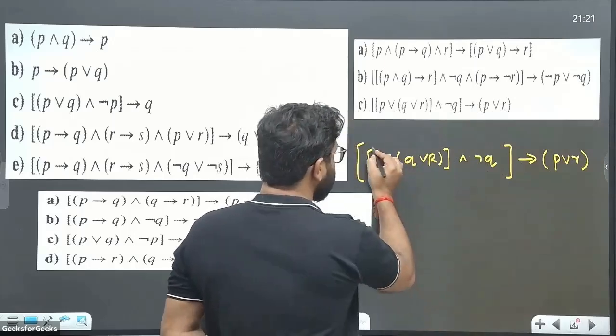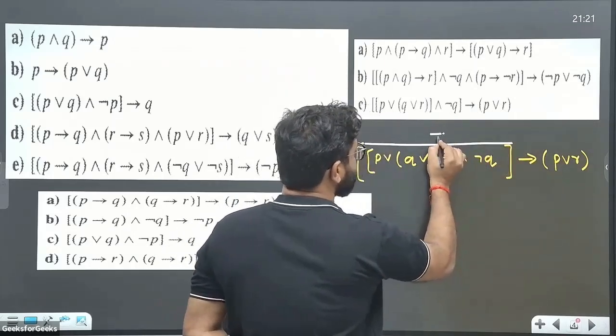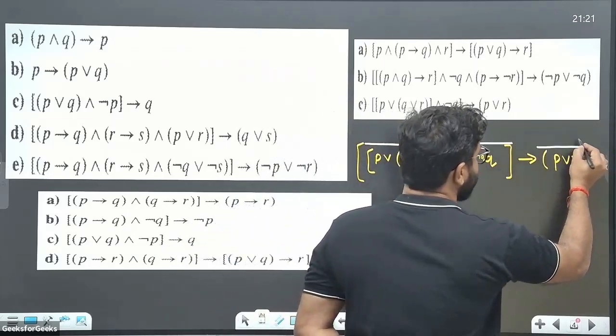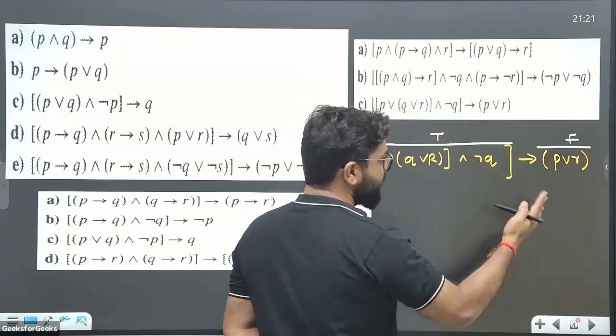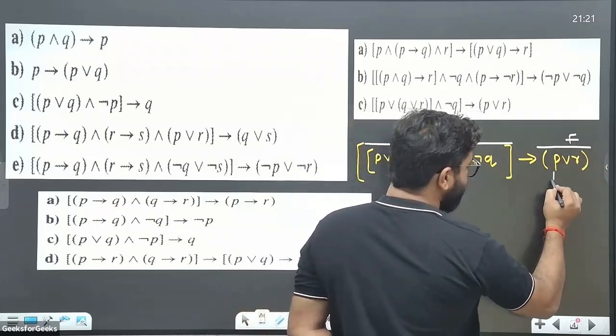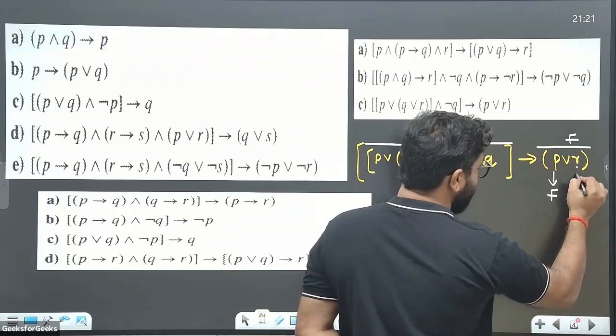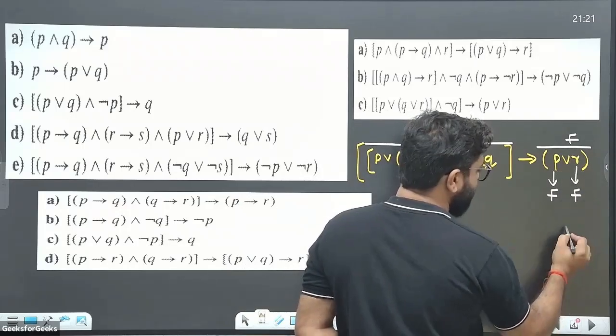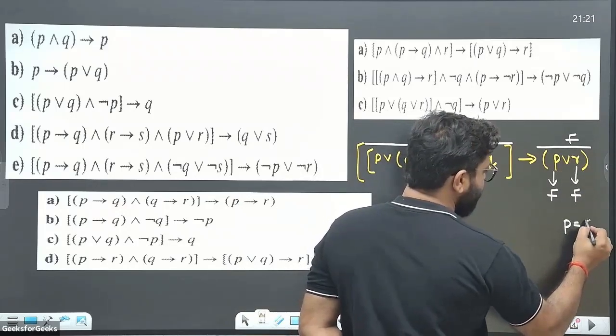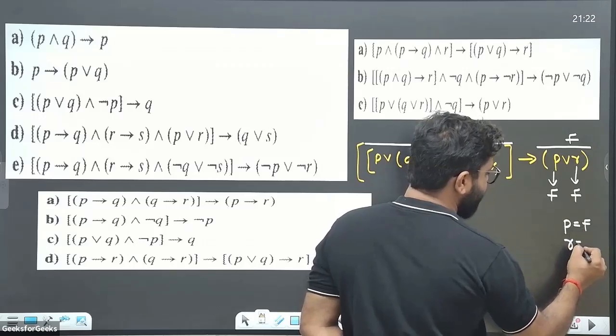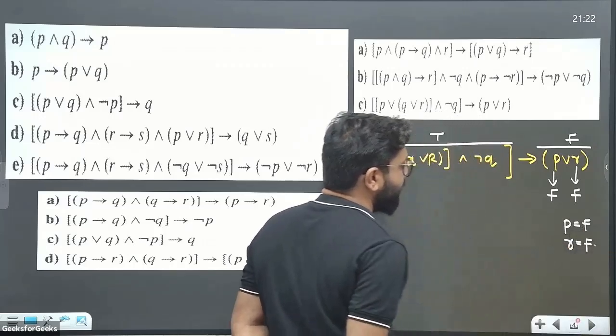Now try to take the values. For example, suppose I take the whole statement as true, and then this statement will become false. So when the right side becomes false, P is false and R is false.